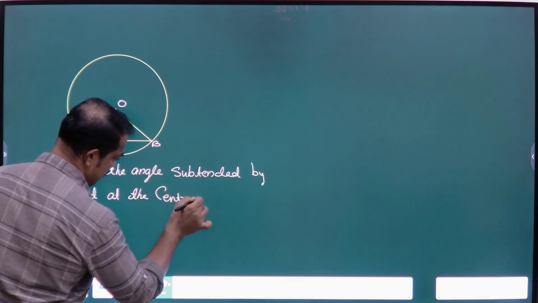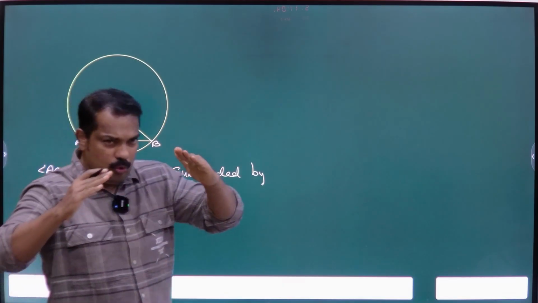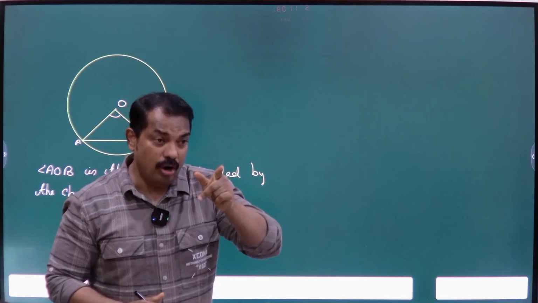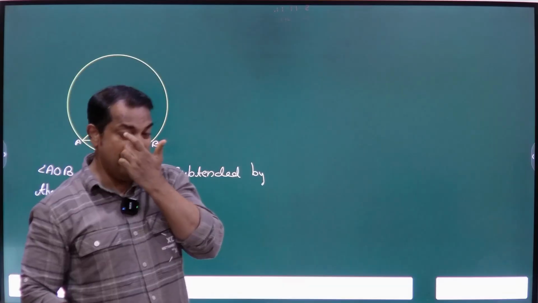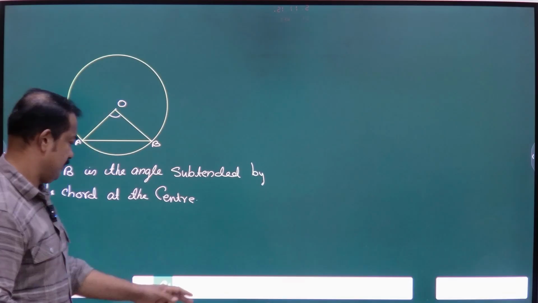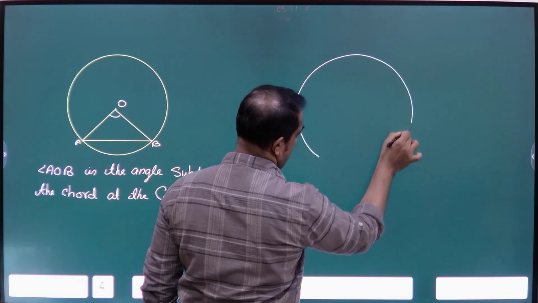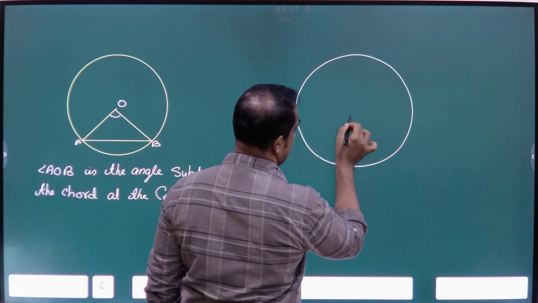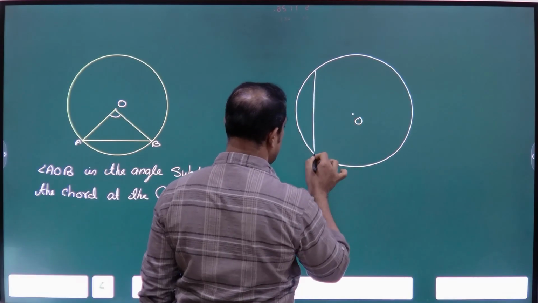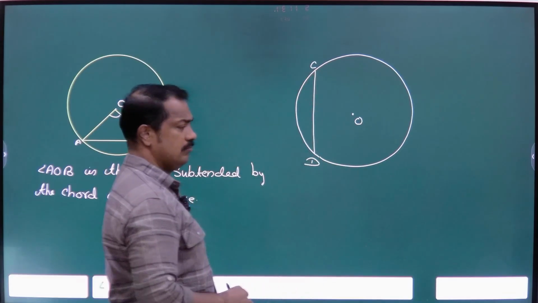Here AOB is the angle subtended by chord AB at the center. Yes, CD. What is CD? Chord.